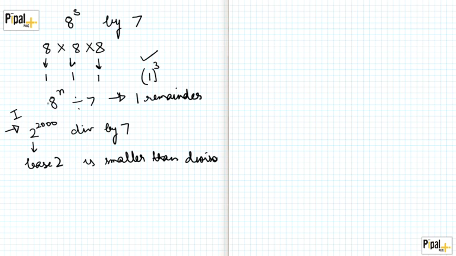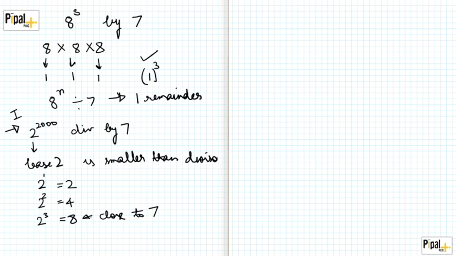Up till now this had not been a problem, but if I have to find out what the remainder is going to be, what I do is start powering up the base until I reach a number which is close enough to 7. So 2 to the power 1 is 2, not close enough. 2 to the power 2 is 4, still not close enough. But 2 to the power 3, 8, is very close to the divisor 7.